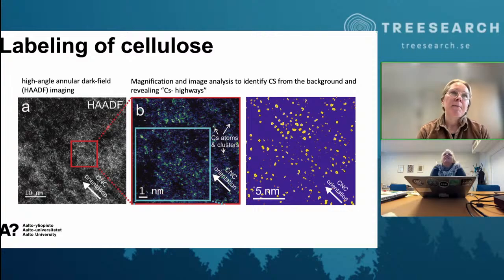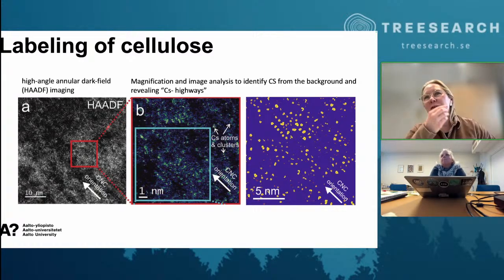I mean, let's say if we think about analyzing other materials than the CNCs with this method, we always need to think about the orientation of our material with respect to the beam and how can we see then those CNC highways, right?